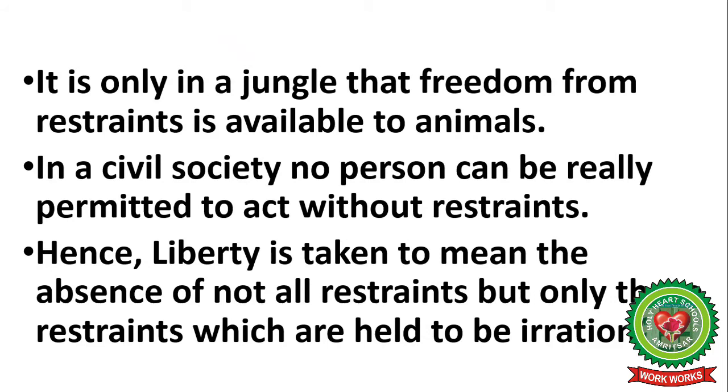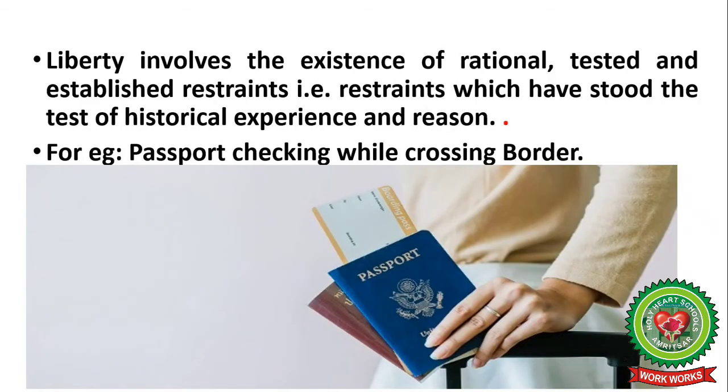It is only in a jungle that freedom from restraints is available to animals. In a civil society, no person can really be permitted to act without restraints. Hence, liberty is taken to mean the absence of not all restraints, but only those restraints which are held to be irrational.